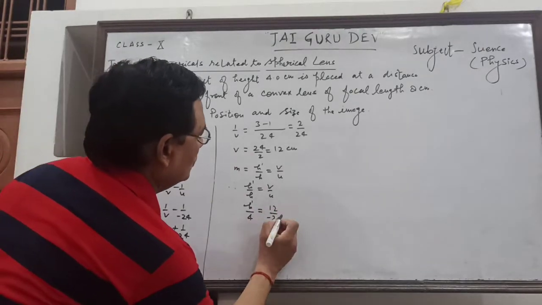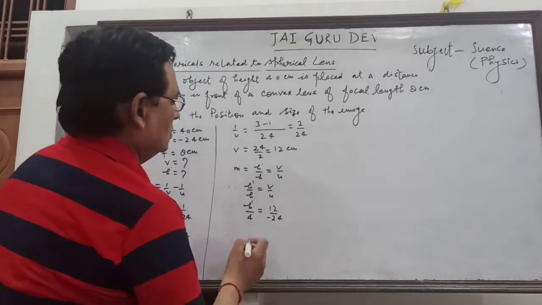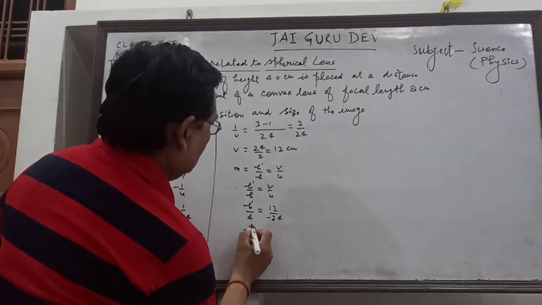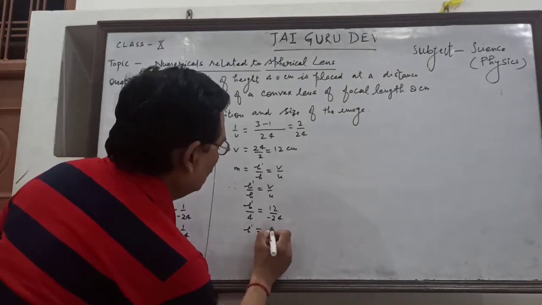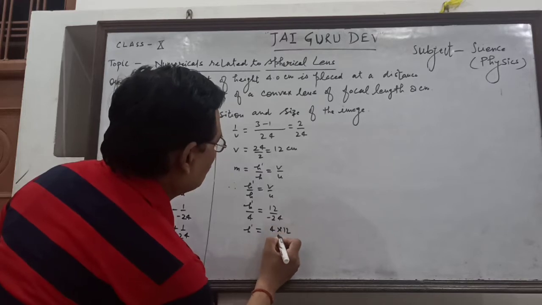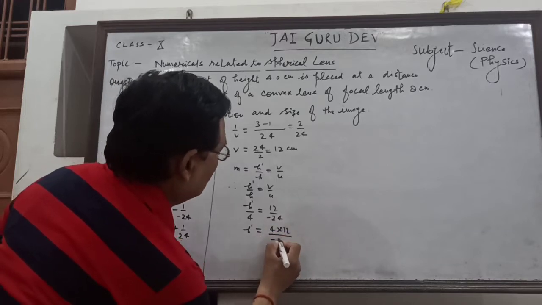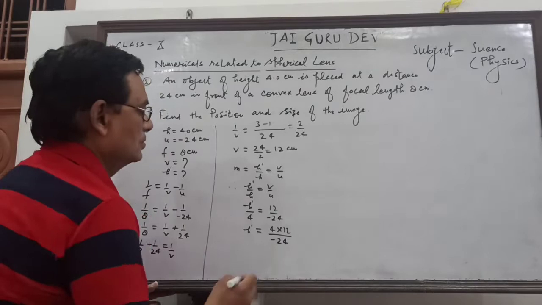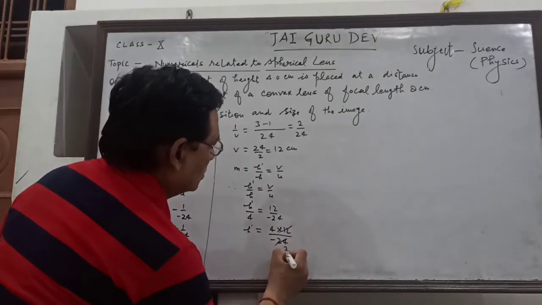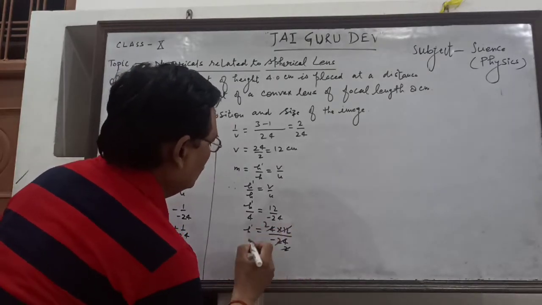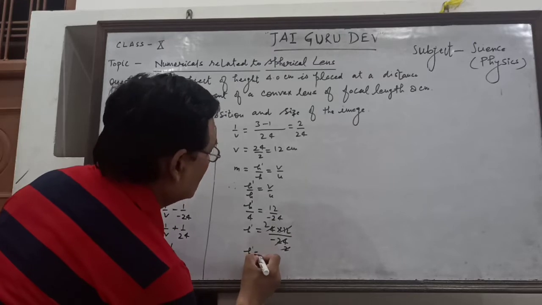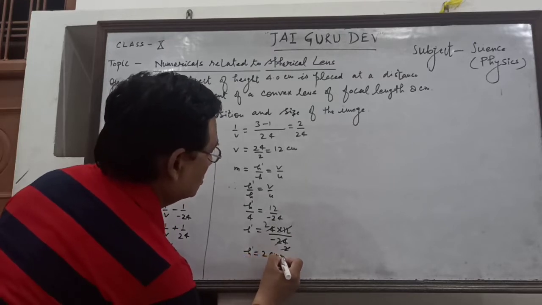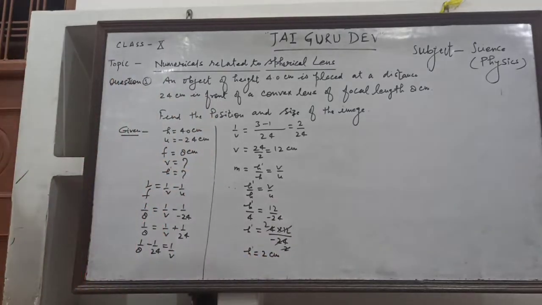So h dash is equal to 4 into 12 upon minus 24. So h dash is equal to minus 2 centimeter.